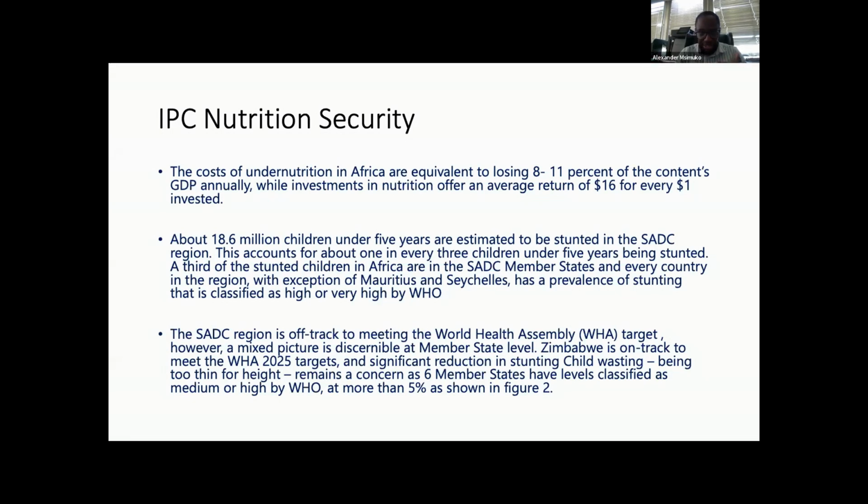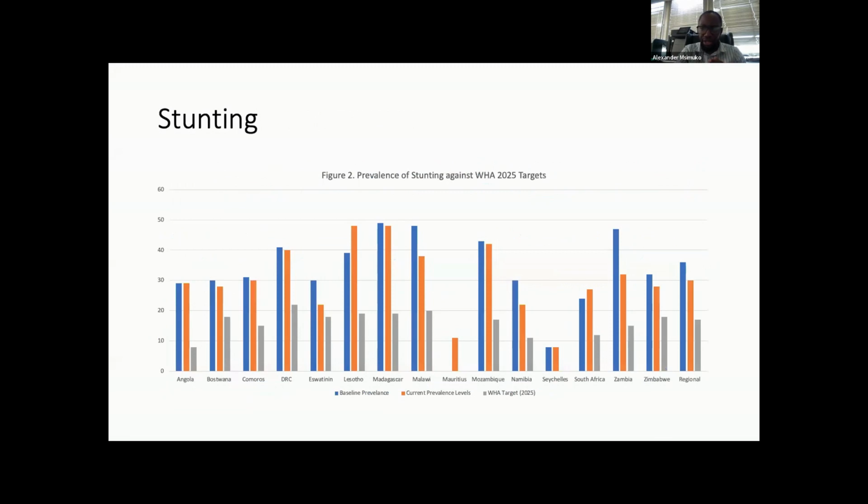And if you look at the progress that a number of countries are making against the World Health Assembly targets, you notice that although the picture is quite discernible across different countries, regionally a number of countries have not met the targets as far as stunting is concerned.